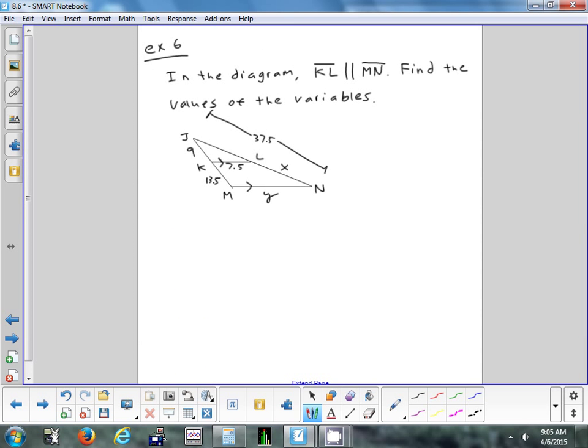Okay, in the diagram it says KL is parallel to MN. Find the values of the variables. So we've got x and we've got y. Okay, anybody have any thoughts on a proportion I could set up to either find x or y?